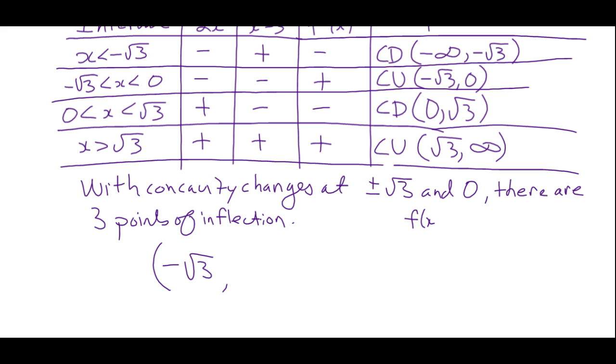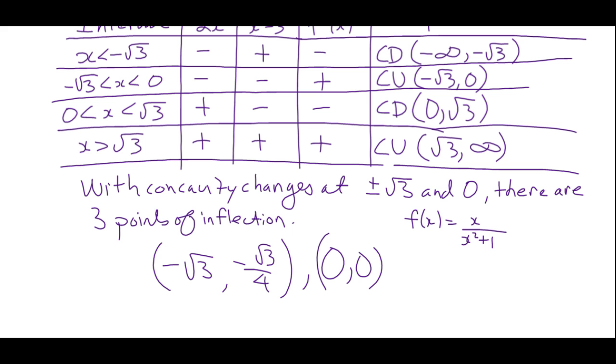It was x over x squared plus 1. So it's negative root 3 over 3 plus 1, which is 4, so negative root 3 over 4. Then 0, 0, we already know that the point 0, 0 is on there. Remember, it's our intercept. And then the other one will be positive root 3, so root 3 over 4.